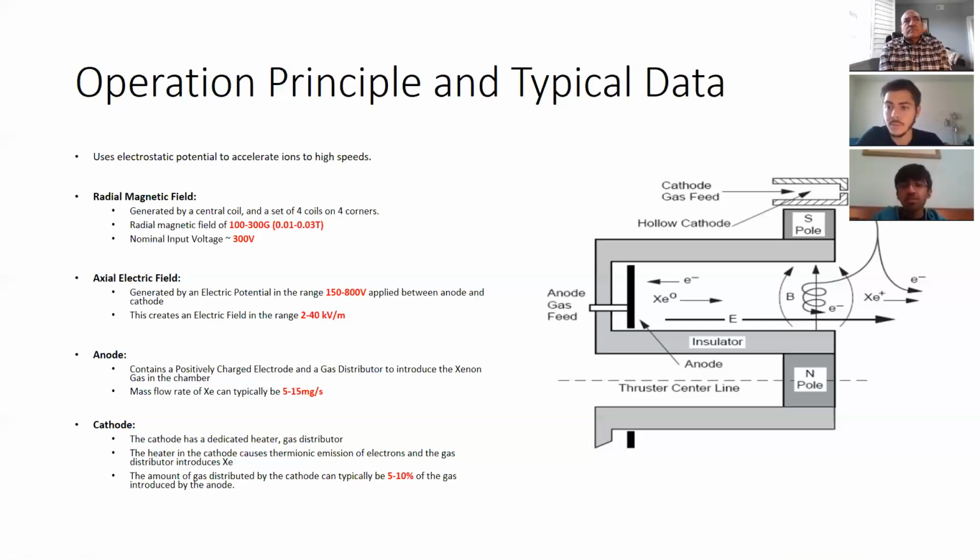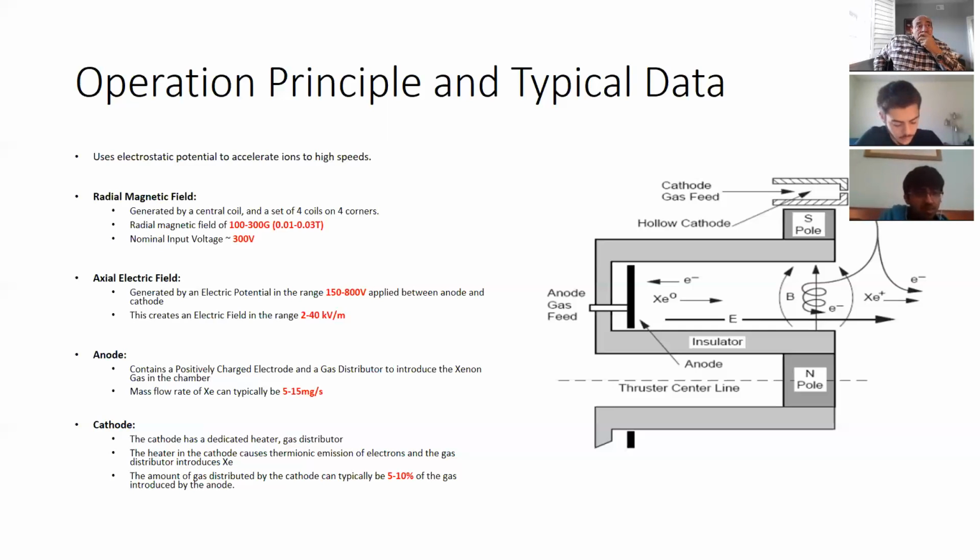This 350 volts further gets divided into different regions in the plasma, which I'll describe later. Also, a small point to mention: the cathode is not at 0 volts, it's at about 20 volts.